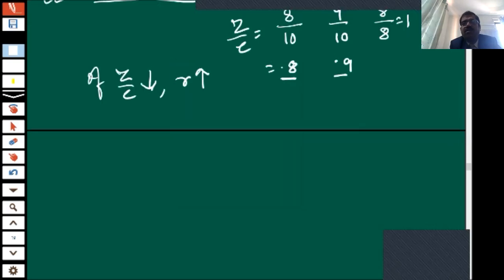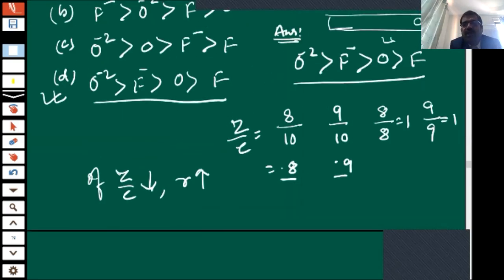Okay, let us see some questions. Sir, how do we know that fluorine anion is larger than oxygen neutral atom? Children, we have to calculate Z by E value every time.